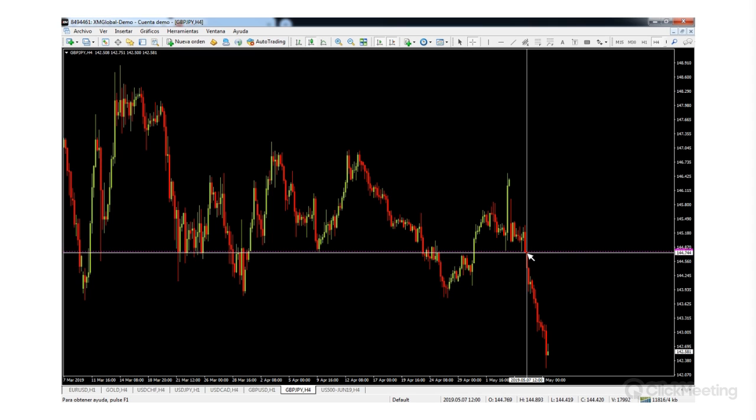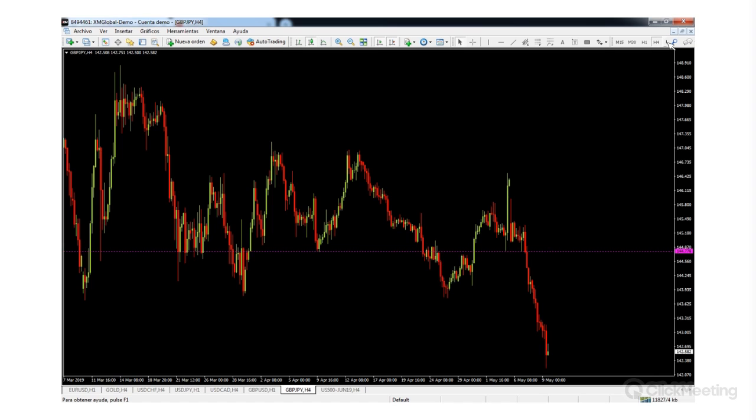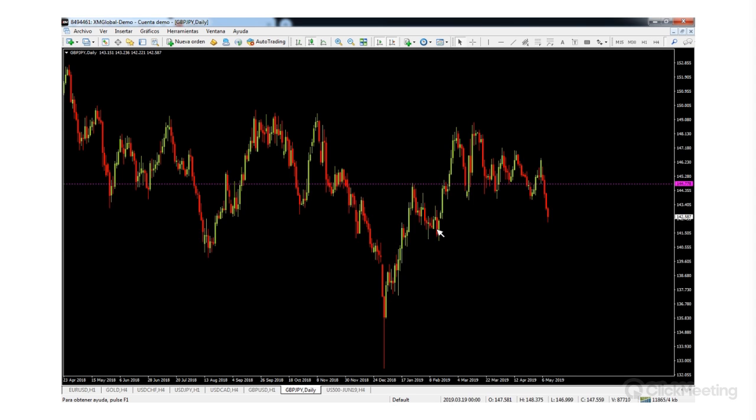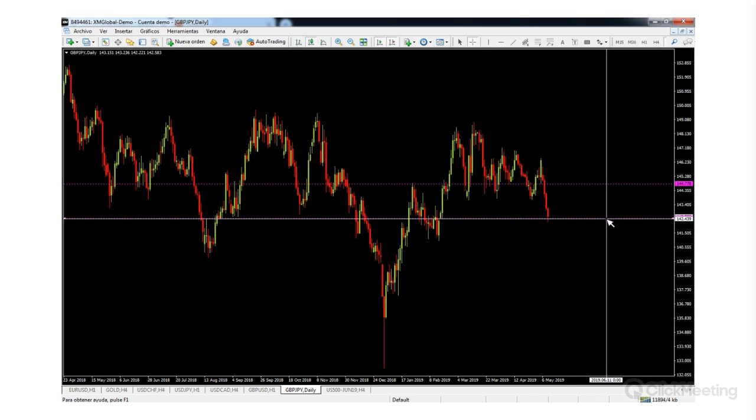I should have put a sell stop at the 144.74 level with a stop loss at the 145.40 level. And if we're looking for targets, my first target would have been right here at the 142.48 level.